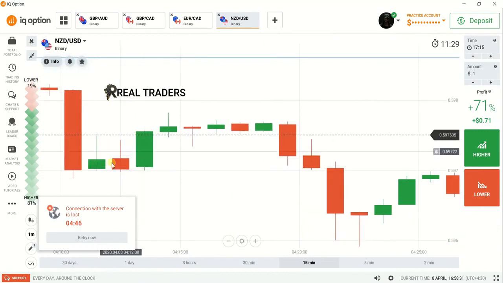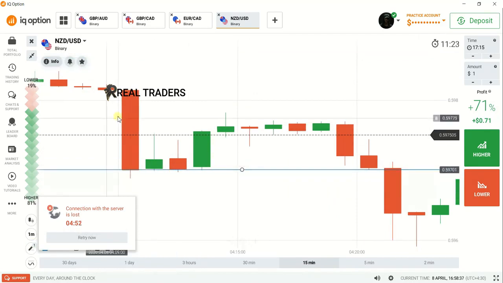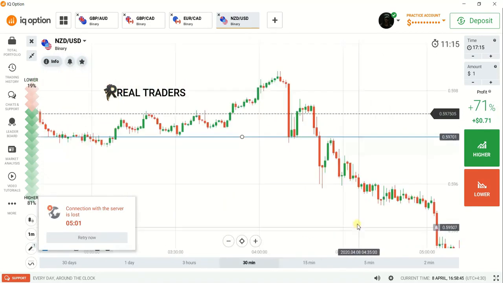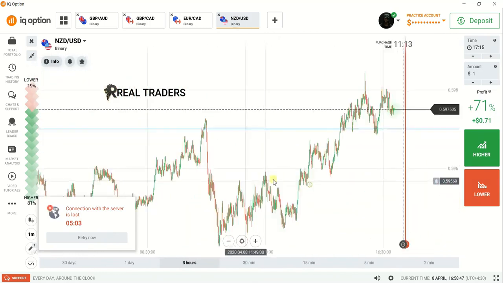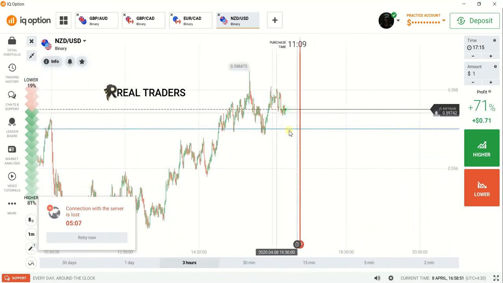And you can see here there is a double bottom pattern also. Here you can see it, right, buyers enter, again buyers enter. So here you can see another bullish candle. So this pattern will happen in the market, and it will help you know how the market is moving.